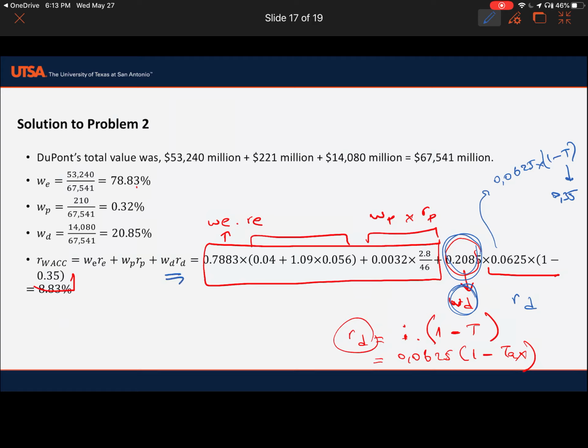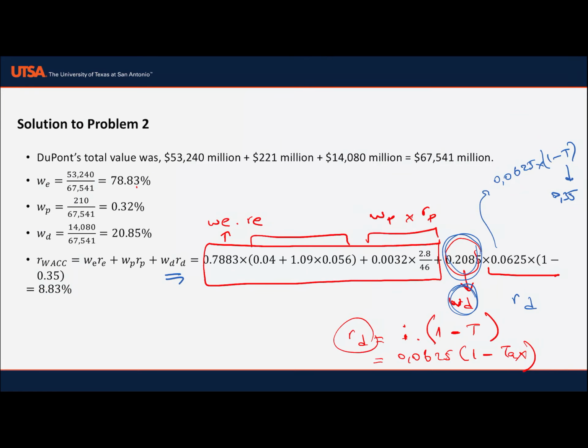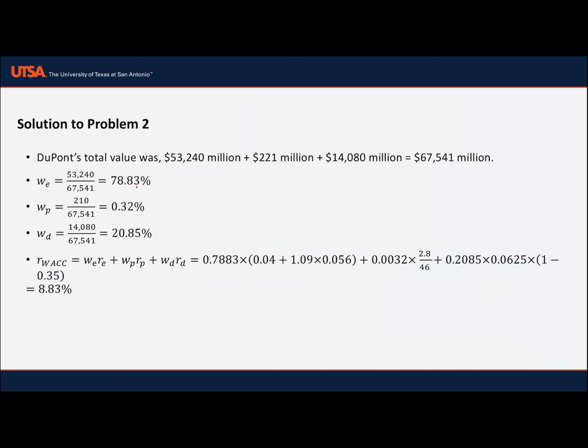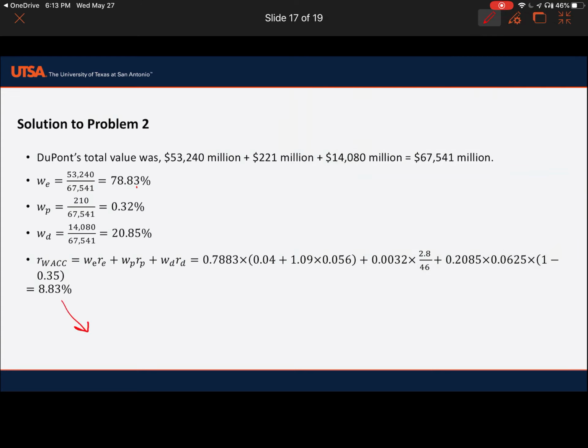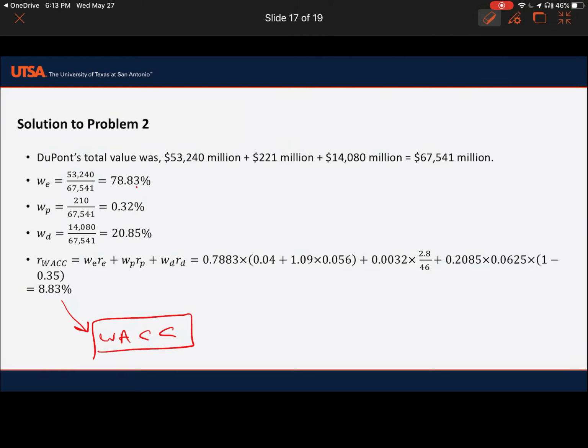Finally, hopefully, you should find 8.83%, which is the weighted average cost of capital. If you understand this problem, that means you understand the whole chapter. Okay, let's go to the next page.